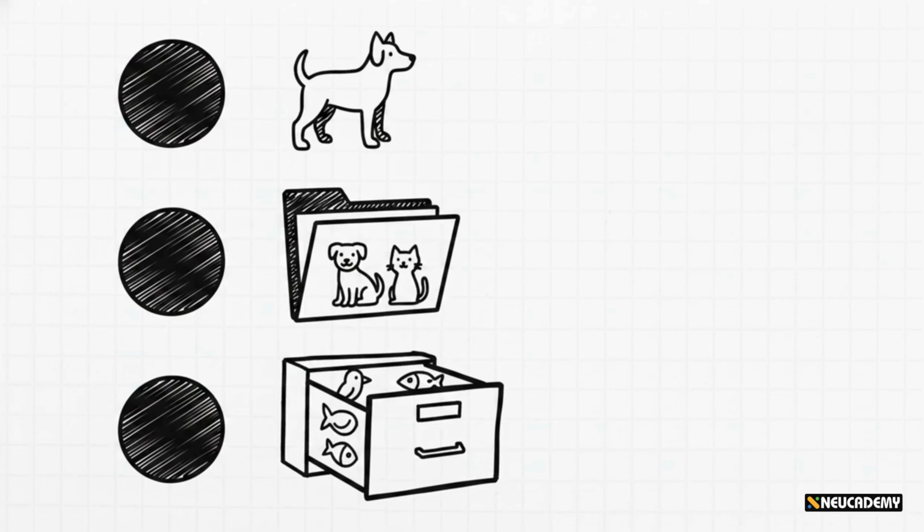But crucially, these taxa aren't just isolated buckets. They operate at different, overlapping levels to create a hierarchy. Think about it. A dog is a mammal, and a mammal is an animal. Because of that, dogs, mammals, and animals are all distinct taxa operating at different levels. It's essentially a massive, structured biological filing system for the entire natural world.